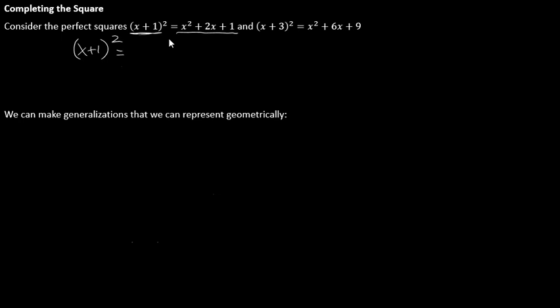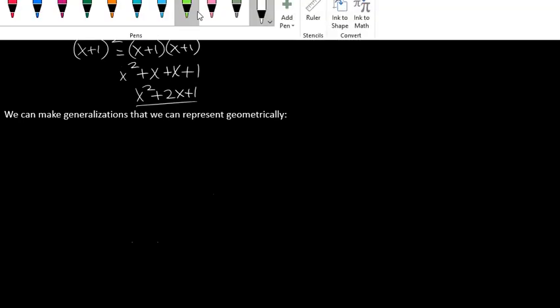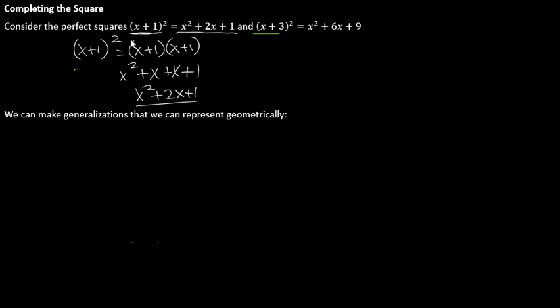And the reason for that is when you FOIL this out, like so, you're going to end up with x squared plus x again plus 1. And combine like terms, x squared plus 2x plus 1, right? So now let's look at another one. So x plus 3 all squared is going to equal this.